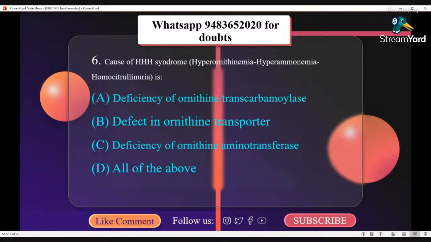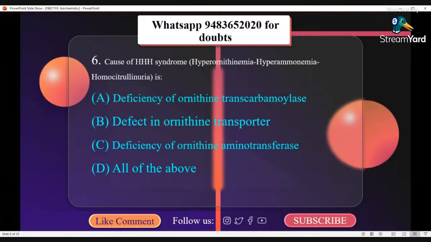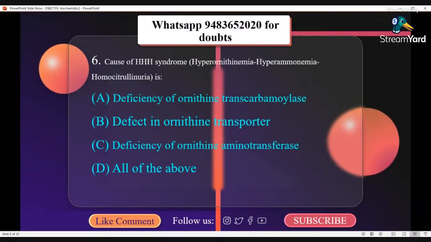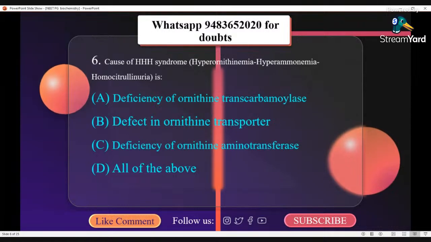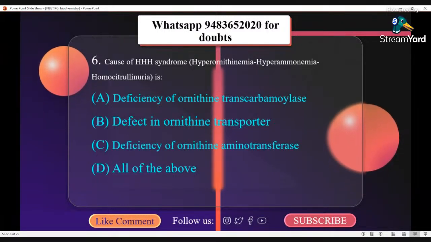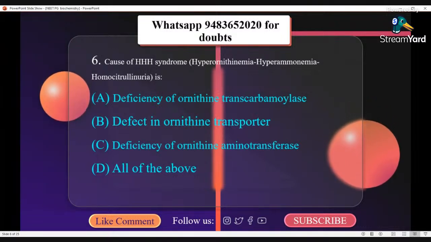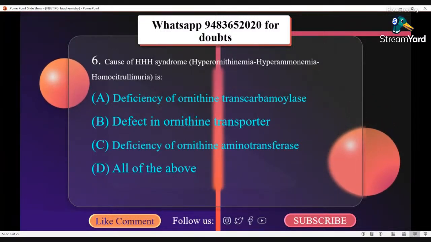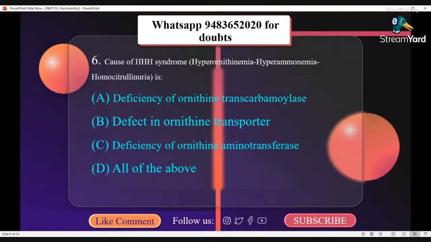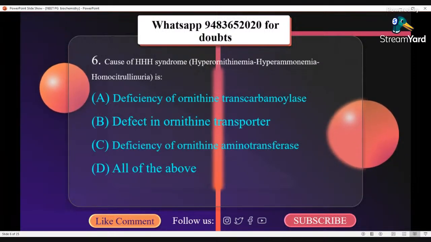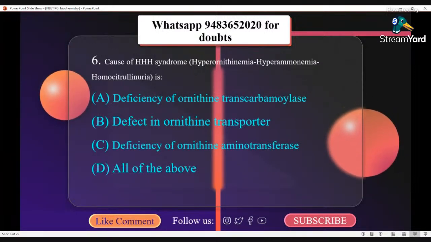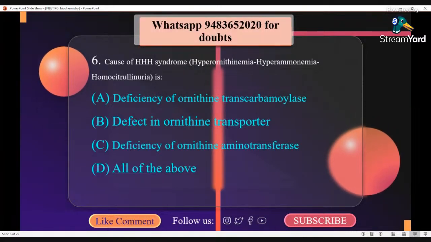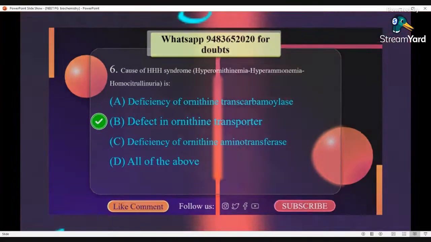This prevents ornithine transport into mitochondria, and hence it accumulates in the cytoplasm, that is hyperornithemia, and there is reduced ability to clear carbamyl phosphate and ammonia, hyperammonemia. Mitochondrial carbamyl phosphate carbamylates lysine to homocitrulline, leading to homocitrullinuria. So the correct answer here is defect in ornithine transporter.